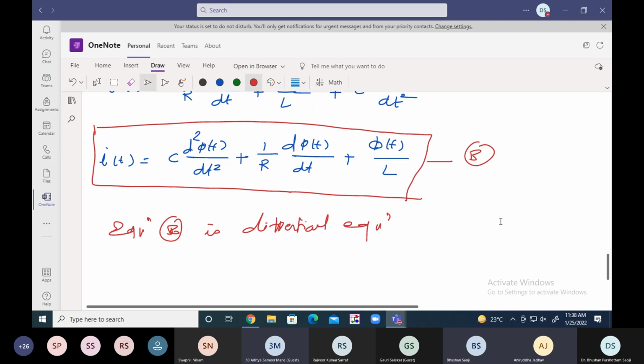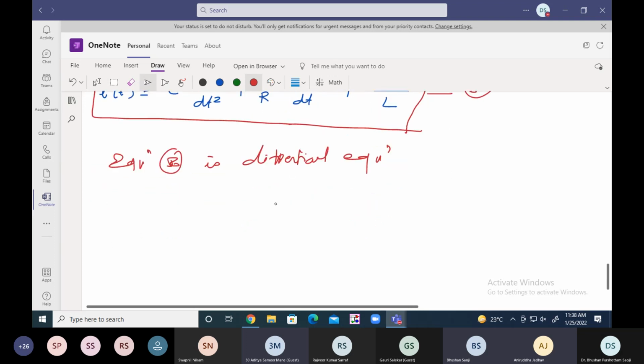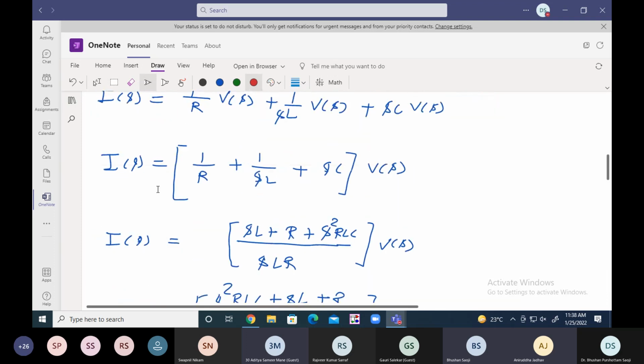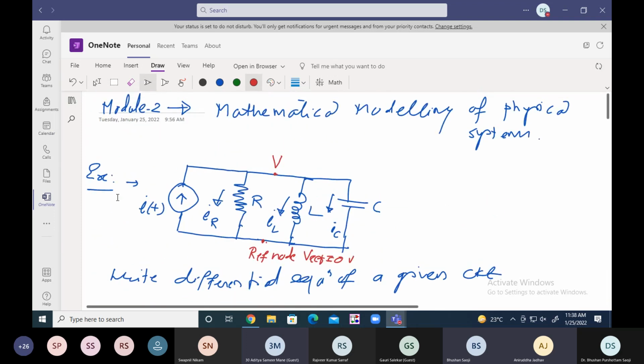So this is the solution for this given example, the solution of this given network.